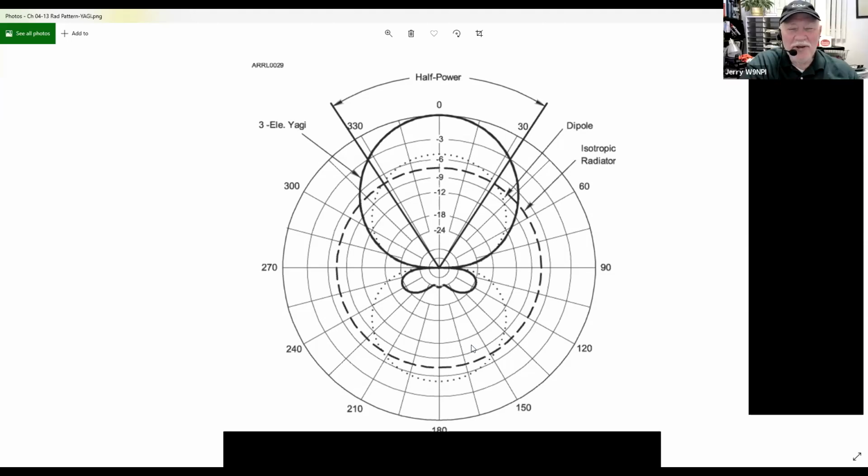It's a point in Never Never Land where the radio signal emanates. We used to measure it to a dipole and compare it to a dipole antenna, which is a real antenna. The isotropic radiator is 2.1 dBs less than a dipole?